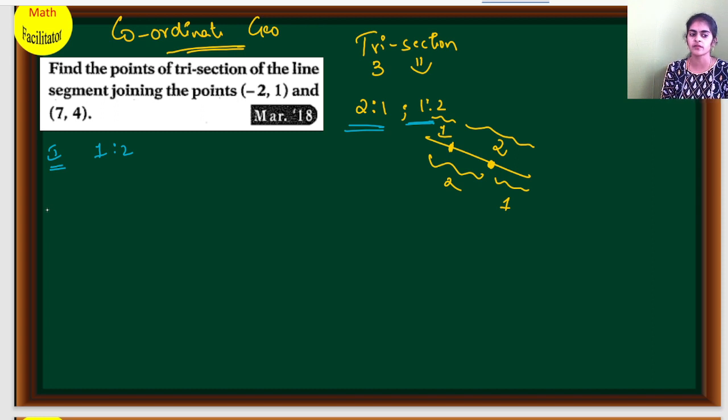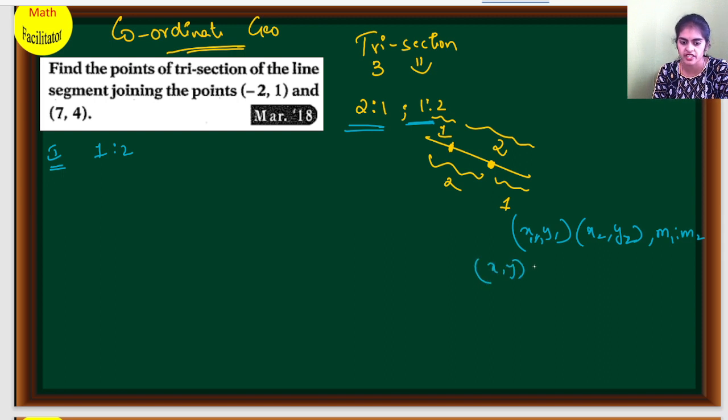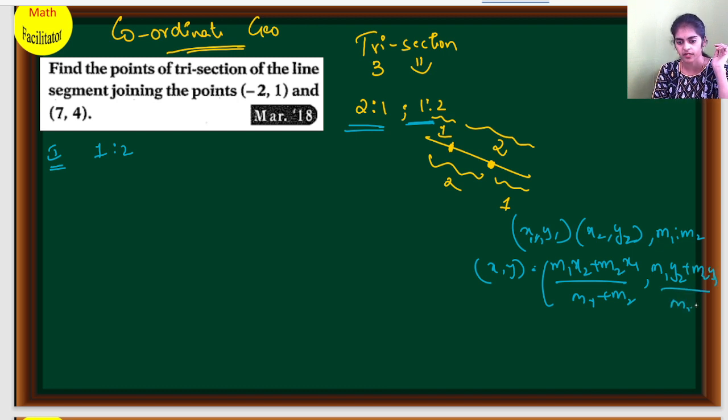What is the formula for point of division? If I have x1, y1, x2, y2, and it is divided in the ratio m1:m2, then the point of division (x, y) is x = (m1 x2 + m2 x1) by (m1 + m2). For the y coordinate, y = (m1 y2 + m2 y1) divided by (m1 + m2).